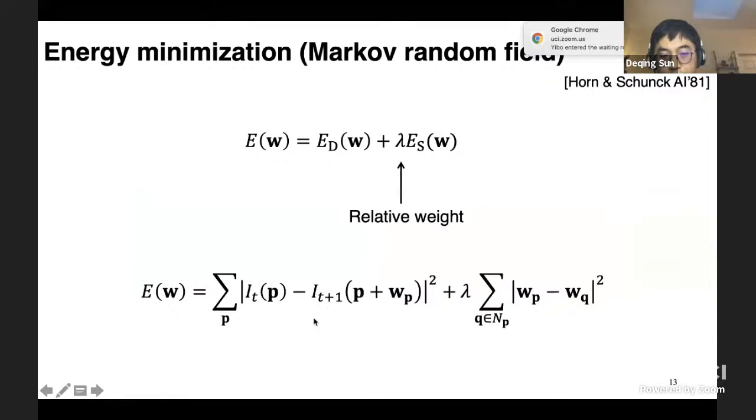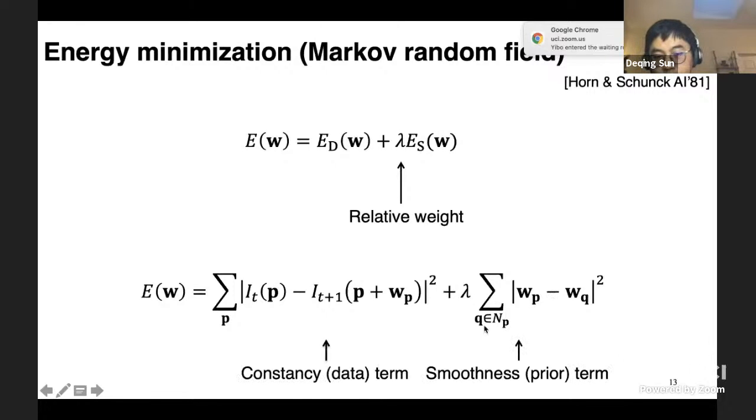Specifically, we can see this term encodes the brightness constancy, this term encodes the spatial smoothness, the data term and the smoothness term. And if we look at this term, we can see it uses the L2 norm, which corresponds statistically to the Gaussian assumption.